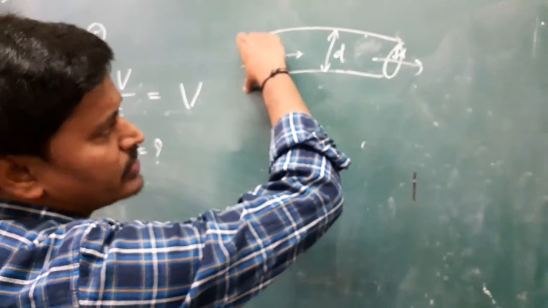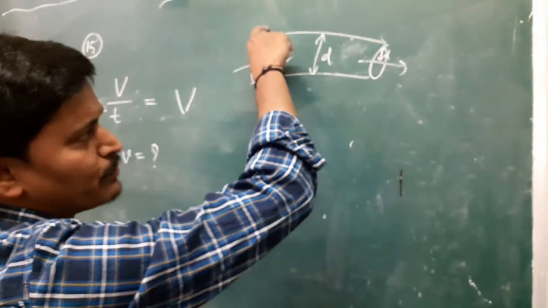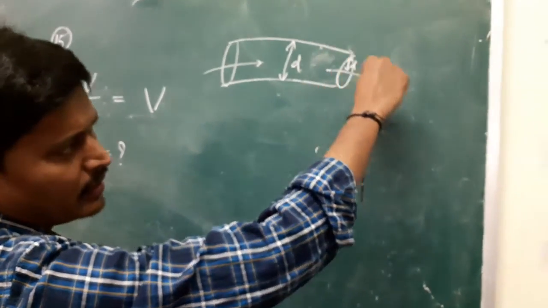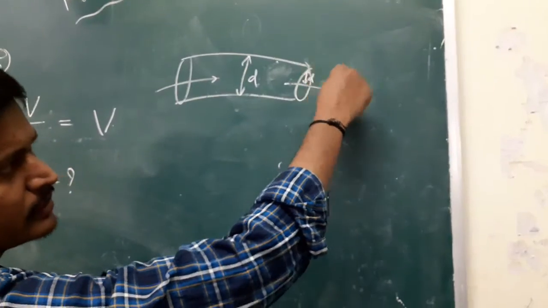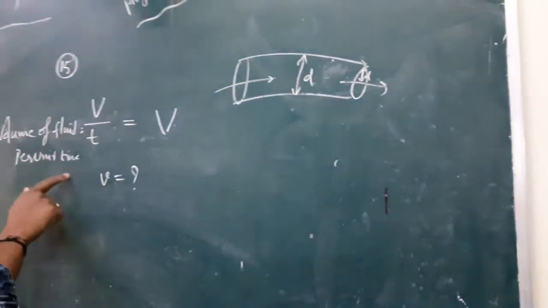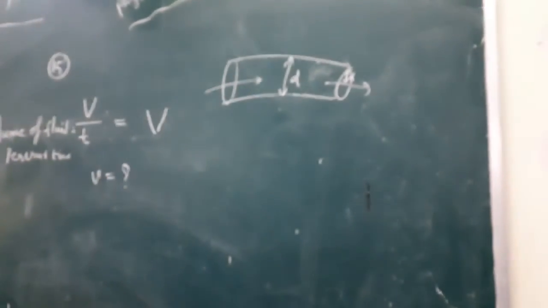Liquid is flowing through this pipe. At the first point the diameter is D. Later the diameter gradually increases. So what is the velocity of the fluid at another point?